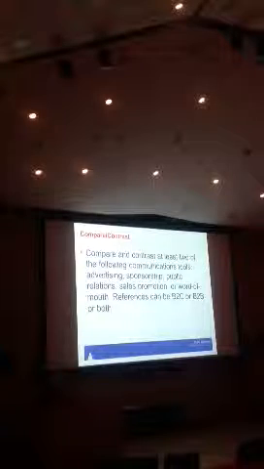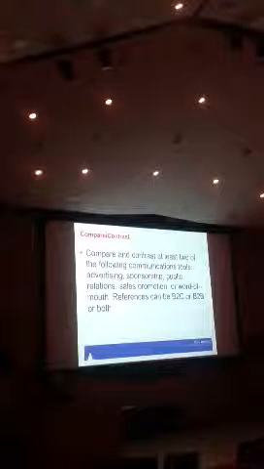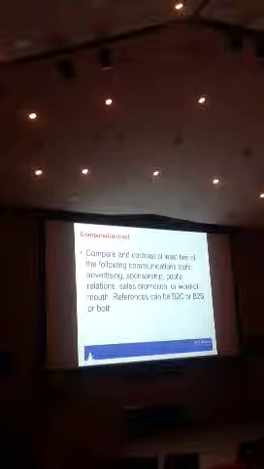We sometimes ask you to compare and contrast. So the type of question that you would get here would be: compare and contrast at least two of the following communication tools. Advertising, sponsorship, public relations, sales promotion, word of mouth references, and so on. When it says at least two, what should you actually aim to do if you want to get good marks?